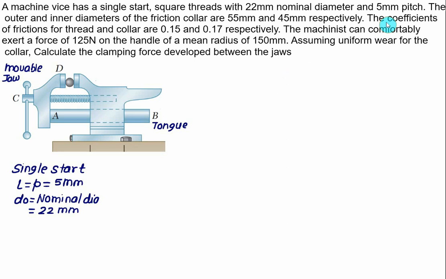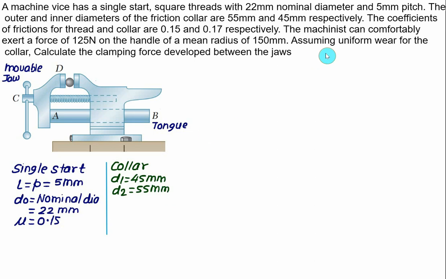In addition, the coefficient of friction for the thread is 0.15, so mu is equal to 0.15. We are also given the collar dimensions: the outer value is 55 and the inner value is 45. So D1 is equal to 45 mm and D2 is equal to 55 mm.